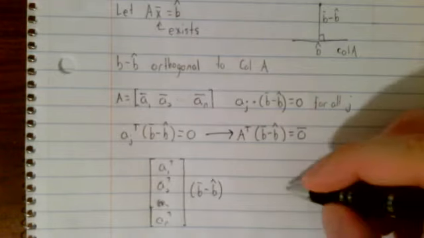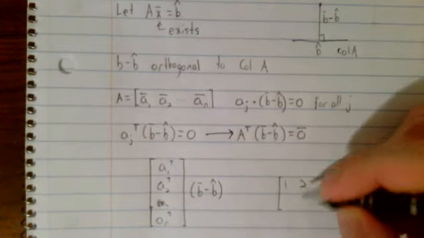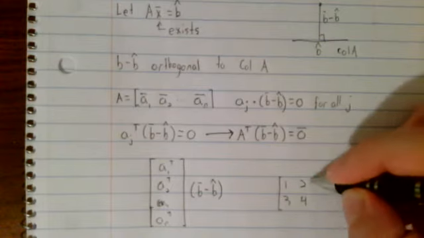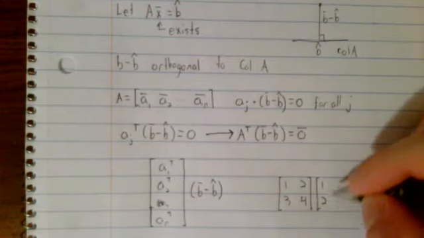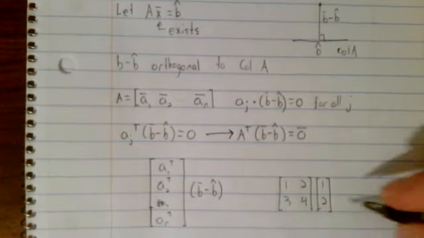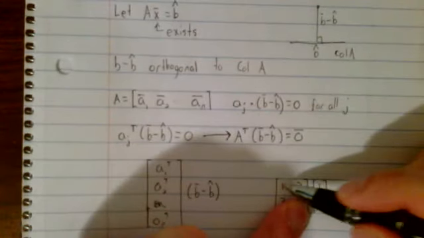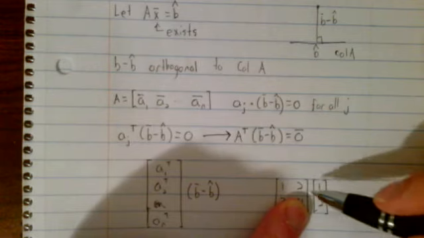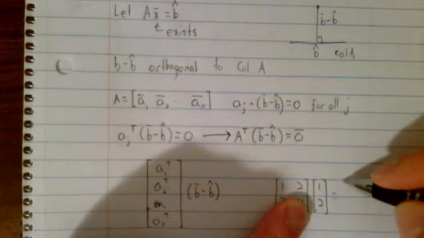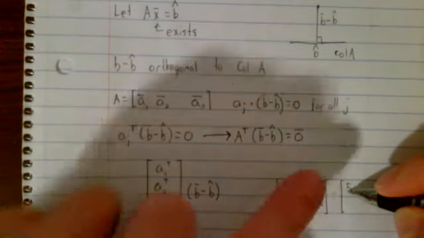You know the rule for matrix multiplication, where, for example, to do this product, you'd multiply these elements, and then you'd multiply these elements, and then you'd add them together. And the same down here.